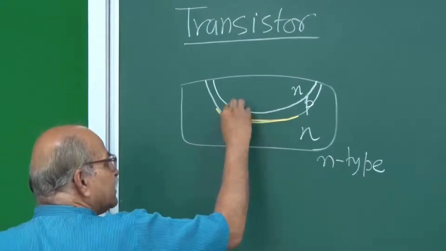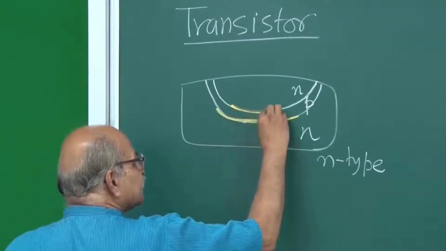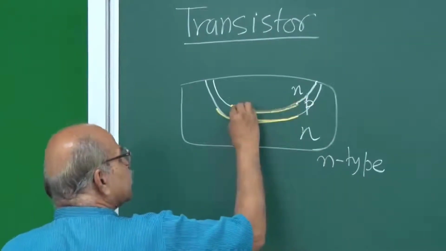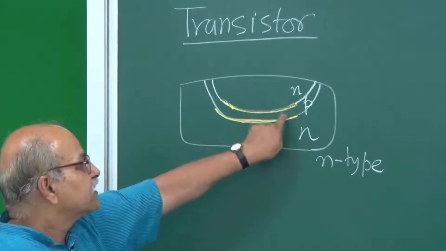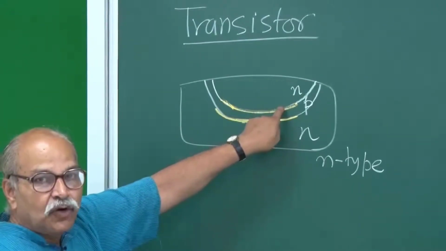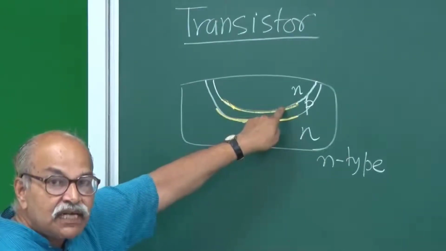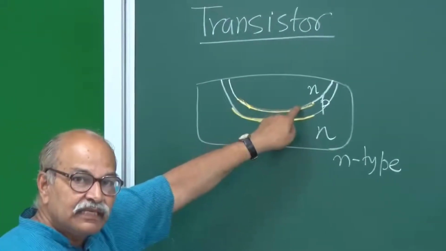And then you have another p-n junction here. So you have a p side and an n side, and then you have junctions. All those p-n junction characteristics will be here.